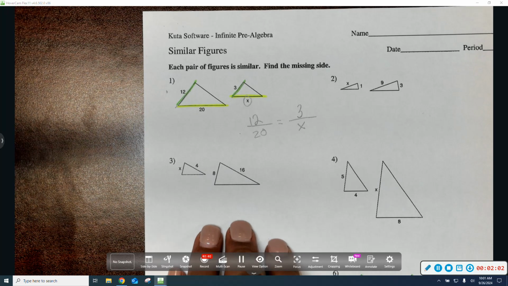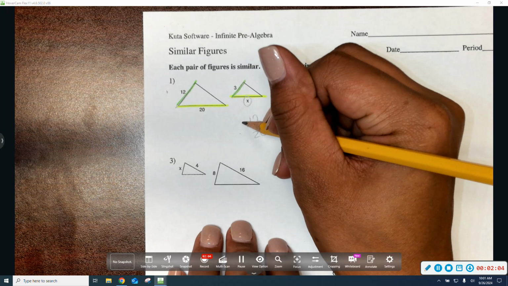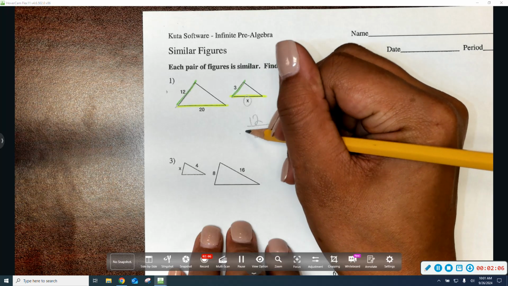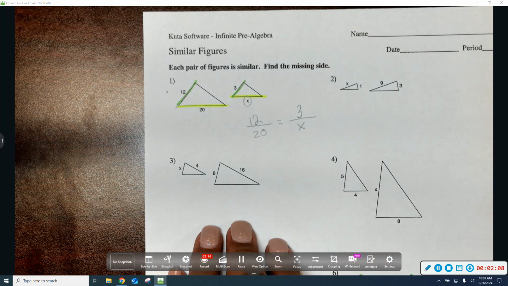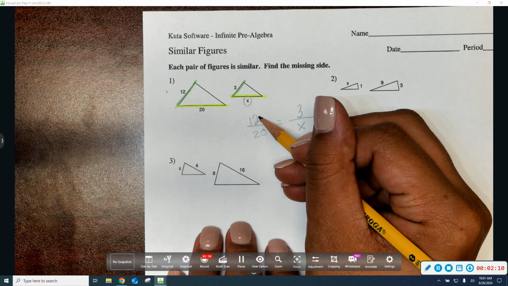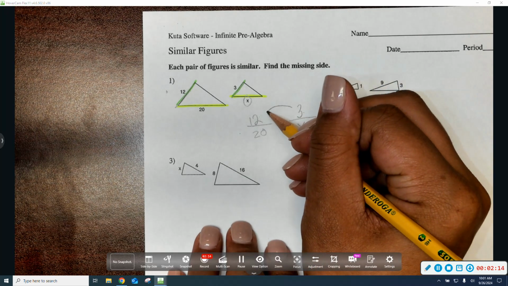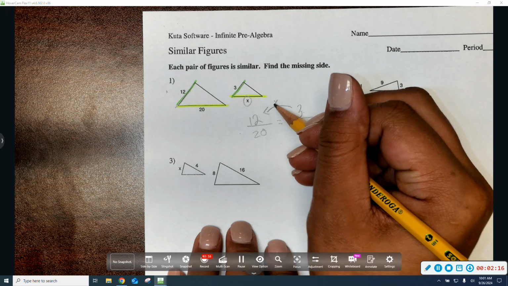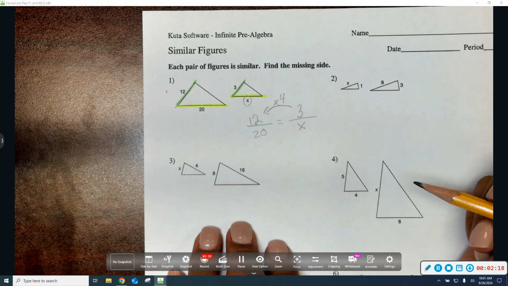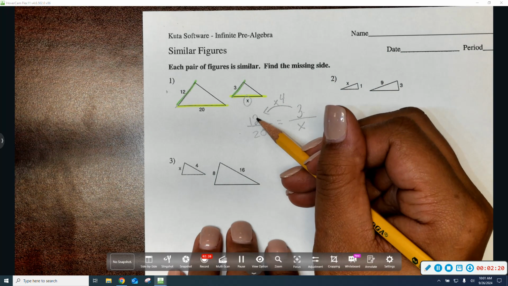So there's 2 ways to figure it out. I can either figure out the missing number between 12 and 20, or the missing number between 12 and 3. I see that if I multiply 4 to 3, that gives me 12.